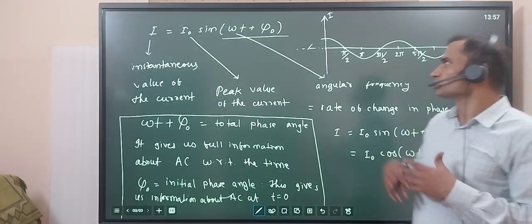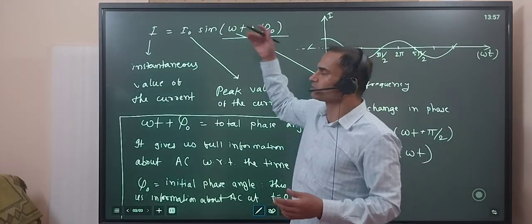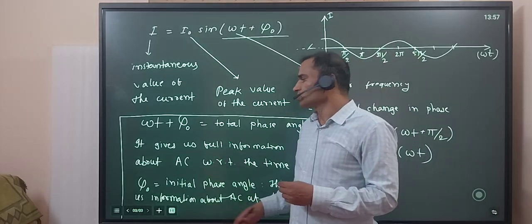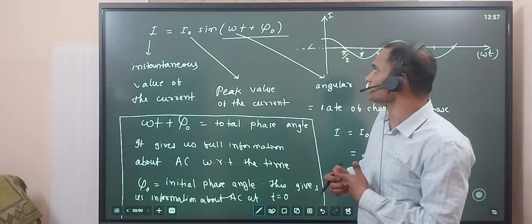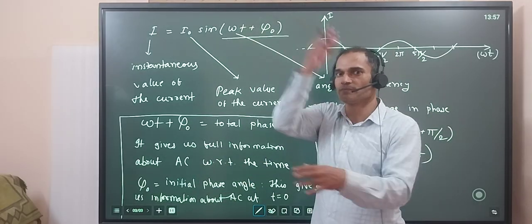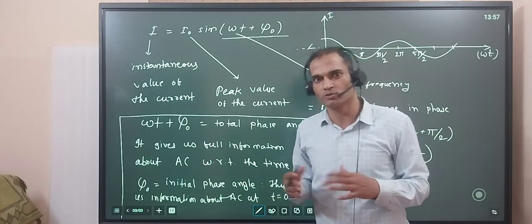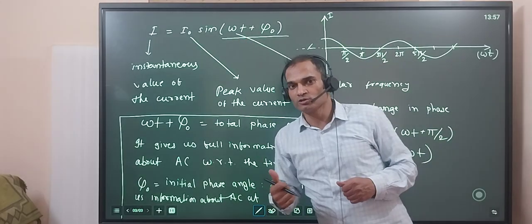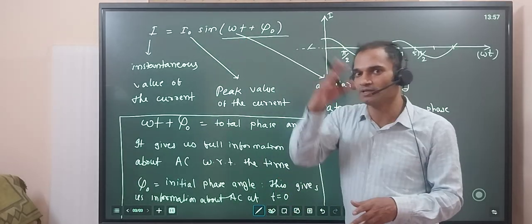This omega t is called total phase angle, and phi naught is called initial phase angle. And how it is related to the angular velocity of the loop, we have also seen. This omega is also the angular velocity of the loop.